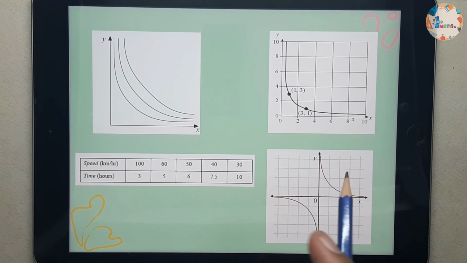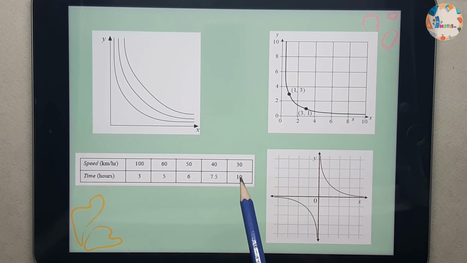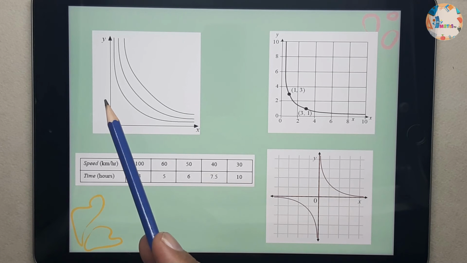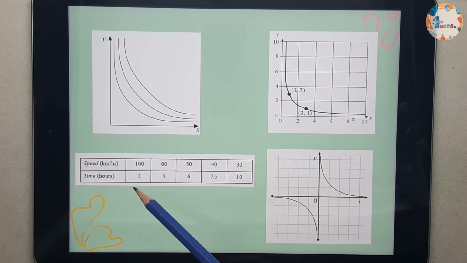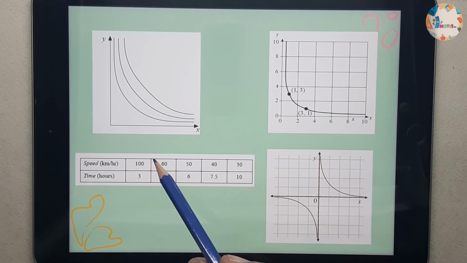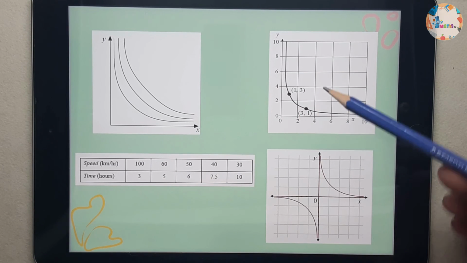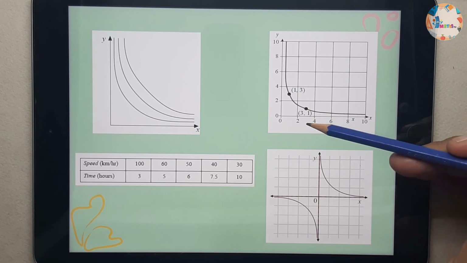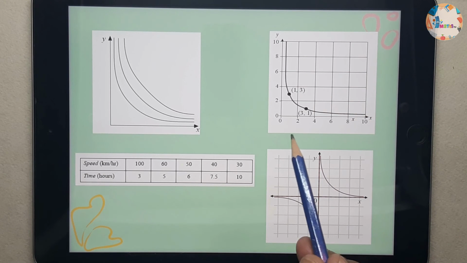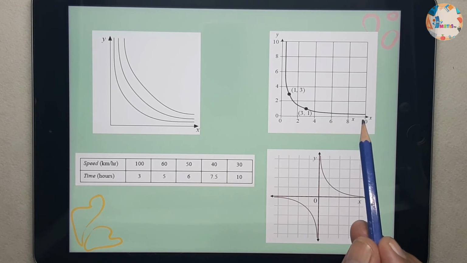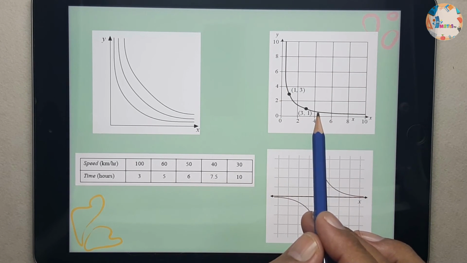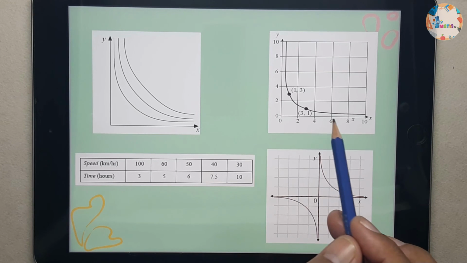And if we see the indirect proportion graphs, as we know that in indirect variation, one value is increasing when the other value is decreasing. So if we plot that graph, you can see that when the x side is increasing, the y side is decreasing. When y is increasing, the x side is decreasing.